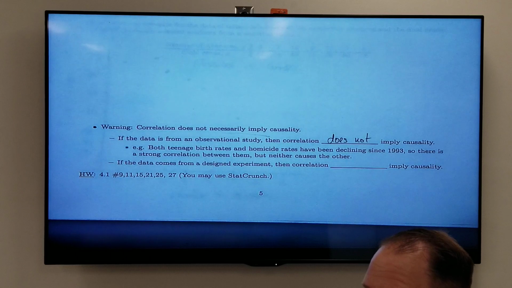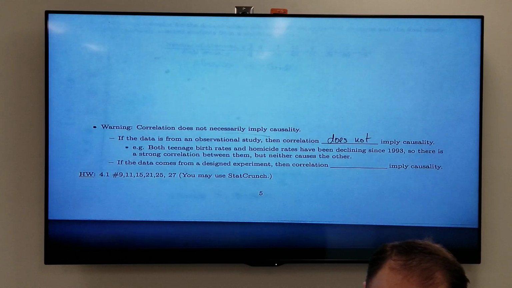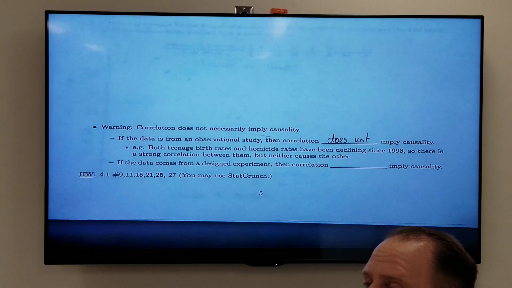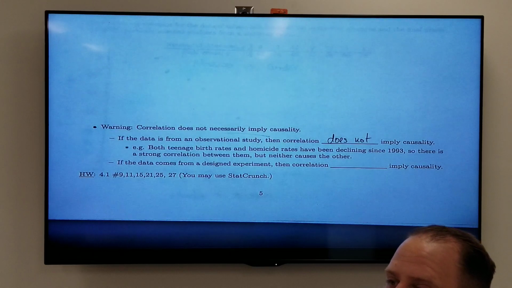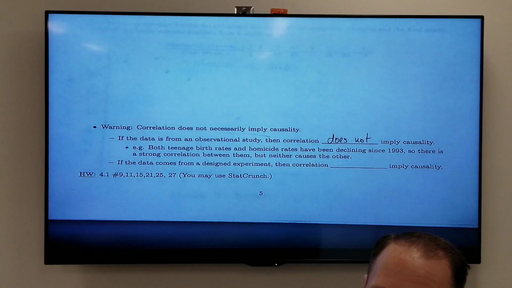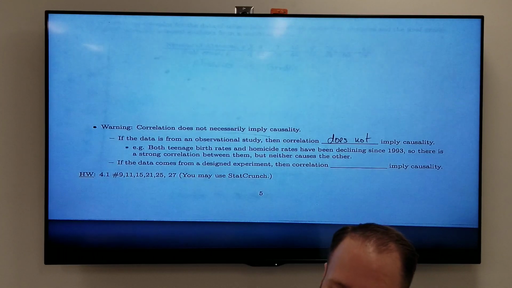And that's kind of the problem with observational studies, okay? Not that they're completely useless. What an observational study does is it tells you, okay, here are two things that are correlated. Now let's try to see if there's a causal relationship between them. And to determine if there's a causal relationship between them, that's when you would perform a designed experiment.